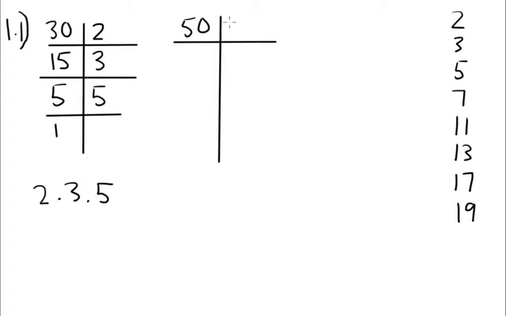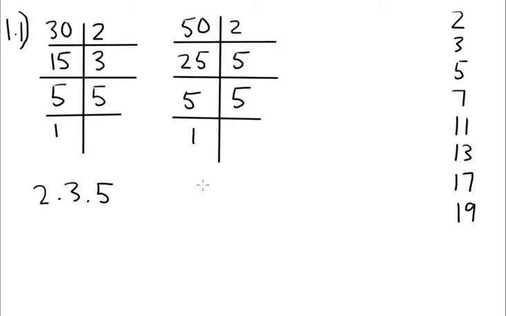If you look at 50, 50 divided by 2 is equal to 25. Once again, we start on top: 25 divided by, we can't use 2 or 3, but we can use 5. That's 5. 5 divided by 5 is equal to 1.